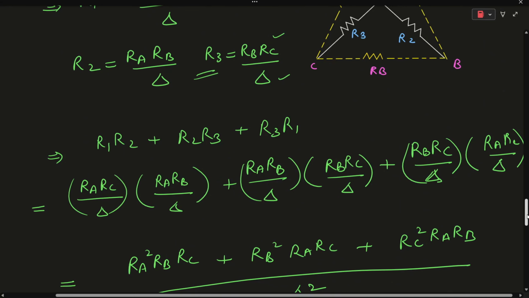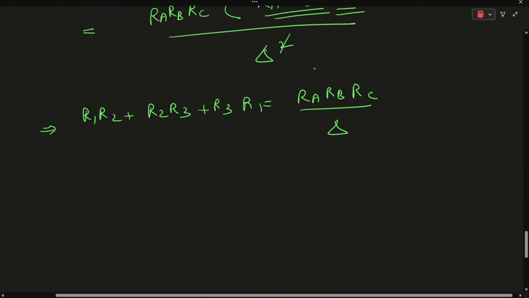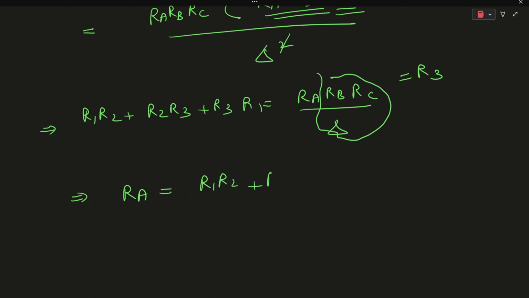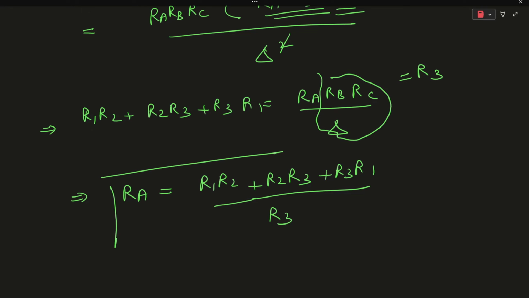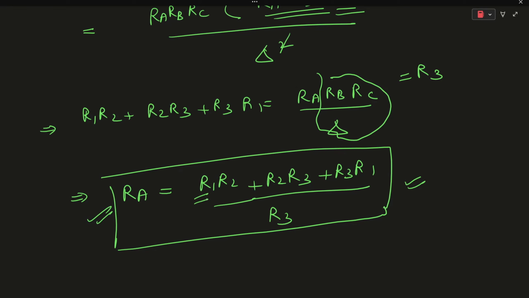So RA will be equal to R1R2 plus R2R3 plus R3R1 upon R3. I hope it is clear how we are getting this expression. This will be the value of RA when we convert a star system into a delta system.